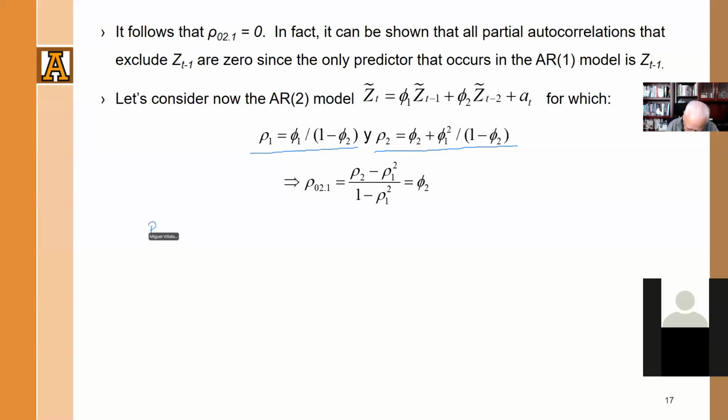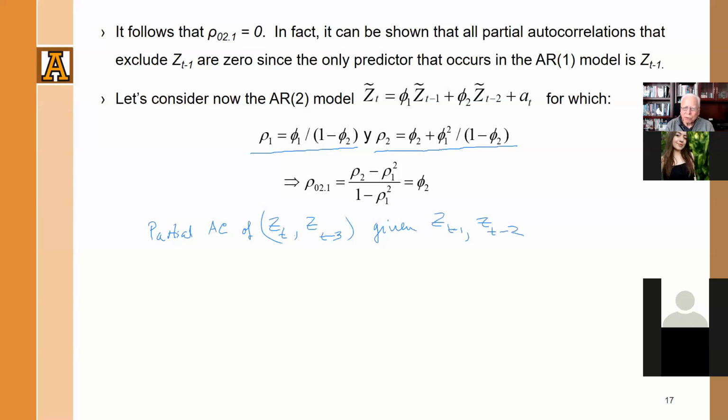I'm discounting Z_{t-1} and Z_{t-2}, so the partial autocorrelation between Z_t and Z_{t-3} must be equal to 0, because I do not have dependency in this equation on Z_{t-3}. So that ought to be equal to 0.